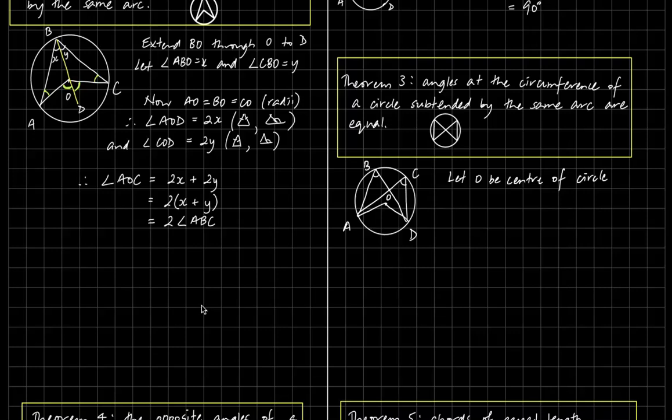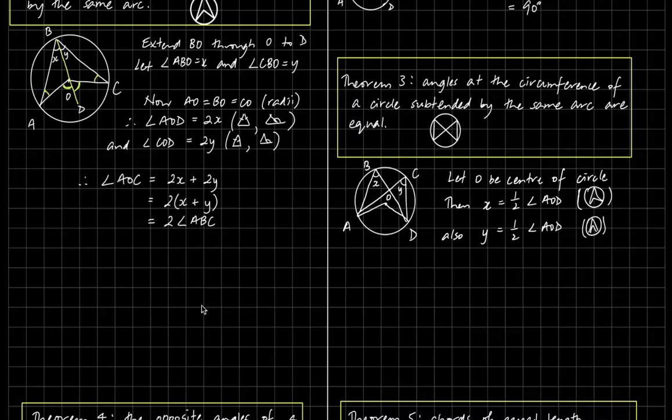Alright, so by theorem 1, if we call that one x and that one y, then x is going to be equal to a half of angle AOD. That's by theorem 1, that has that little symbol that looks a bit like a kind of arrowhead. But also angle y is going to be a half of angle AOD by that same theorem.